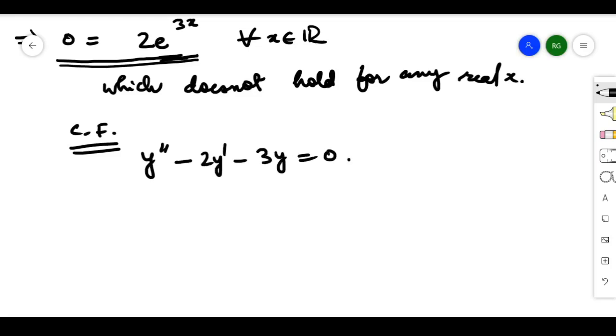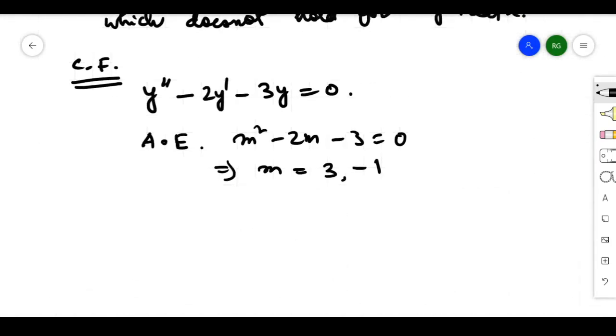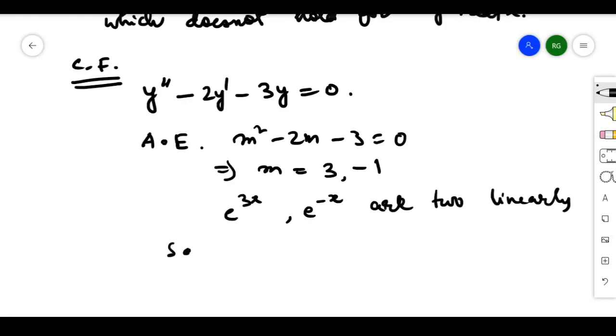After that we find the auxiliary equation, which is m square minus 2m minus 3 equal to 0, which can be solved, and we get the values 3 and minus 1. So from this we can say that e to the power 3x and e to the power minus x are two linearly independent solutions of this homogeneous equation y double prime minus 2y prime minus 3y equal to 0.